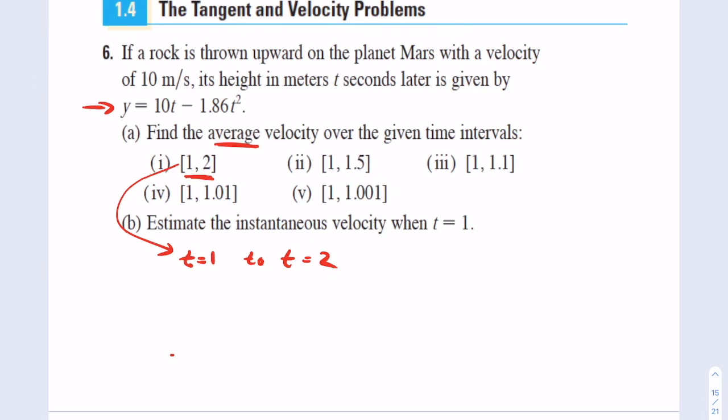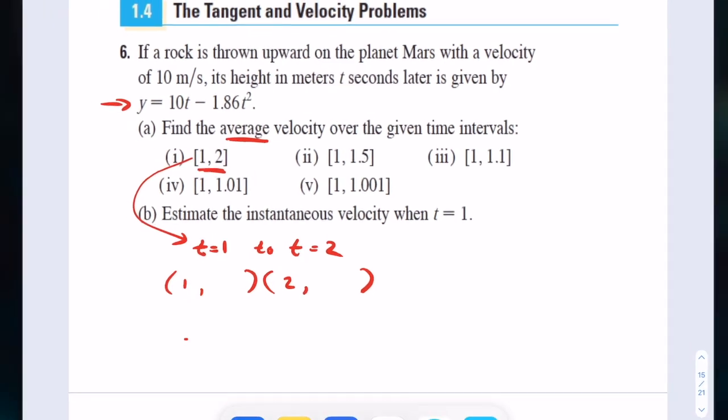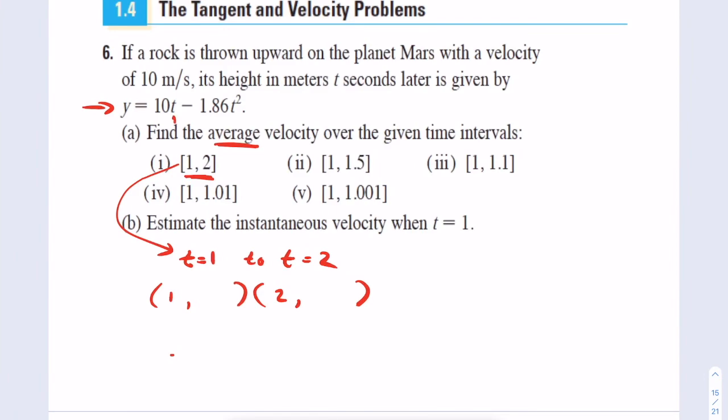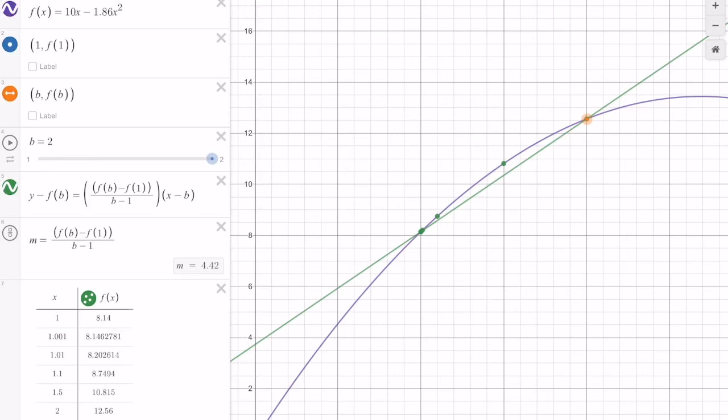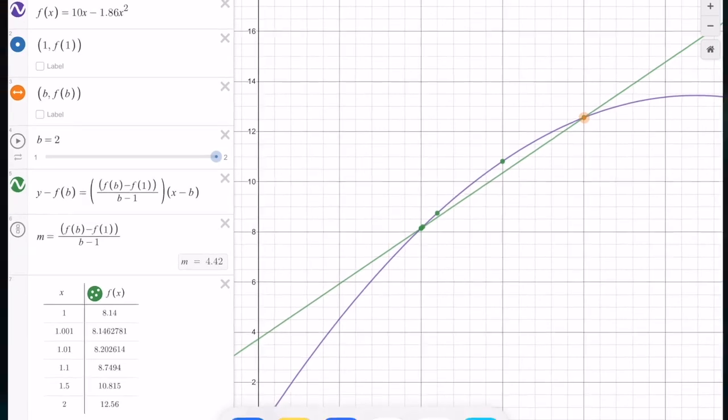Now I'll demonstrate the first one, and then we'll kind of speed it up here, okay? So what you guys want to do is you want to know what the two data points are. We're finding the average rate of change. So what you would normally do here is you would type in your function and then input some values, but I'm going to cheat a little bit here. When you plug 1 into that function and compute it, you're going to get a value, but I made a table right here. So if you take a look at the bottom left, at 1, it comes out to 8.14.